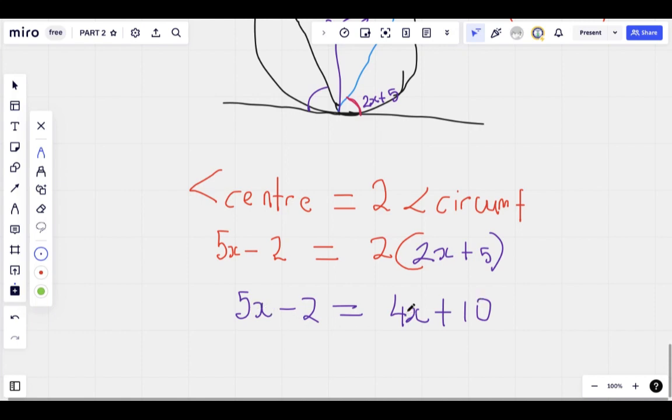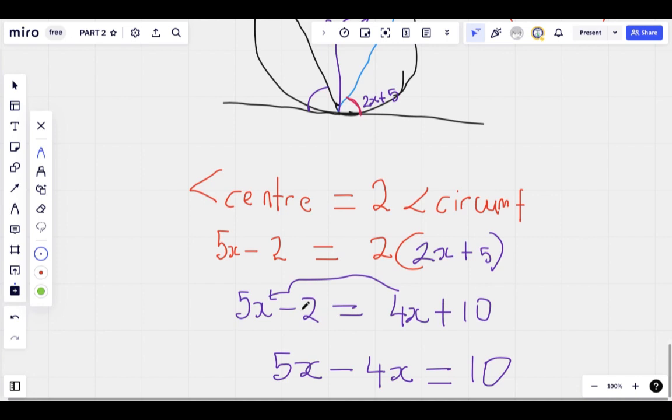I bring the 4x to meet the 5x, and when it's coming here, it becomes minus. So I have 5x minus 4x equal to 10.